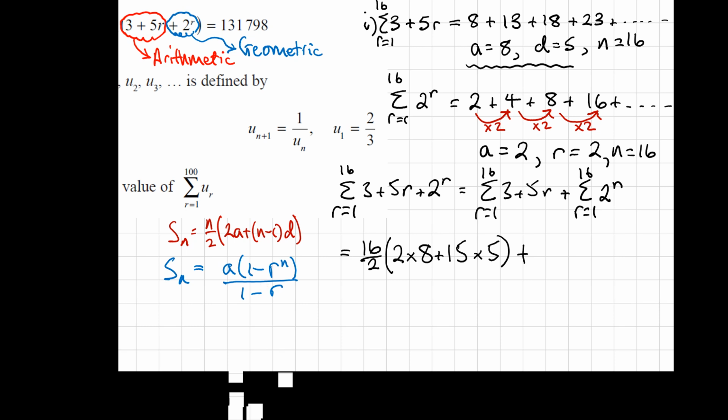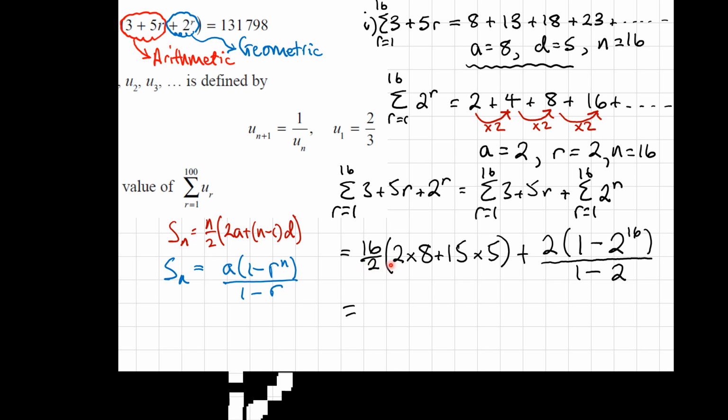So here, a is going to be 2, the first term of my geometric, times 1 minus r, which is also 2, and n is 16. So 2 to the power 16 over 1 minus 2.